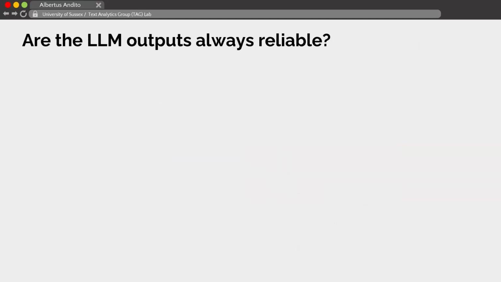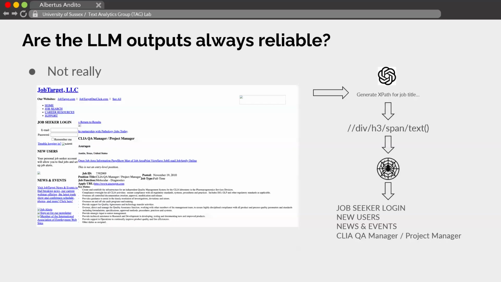But as with any work that uses LLMs, there is the question of whether the outputs are always reliable. And of course, the answer is not always. In this example, we want to get the XPath for the job title. We ask the LLM to generate the XPath, and it outputs a valid-looking XPath.